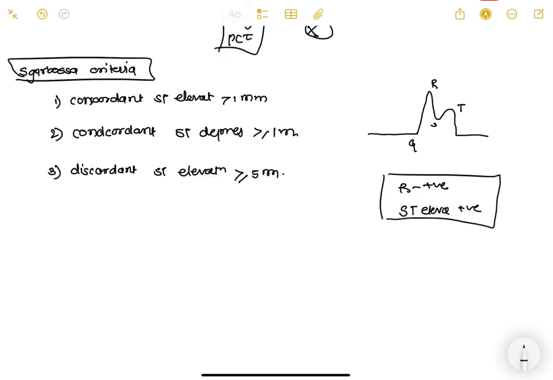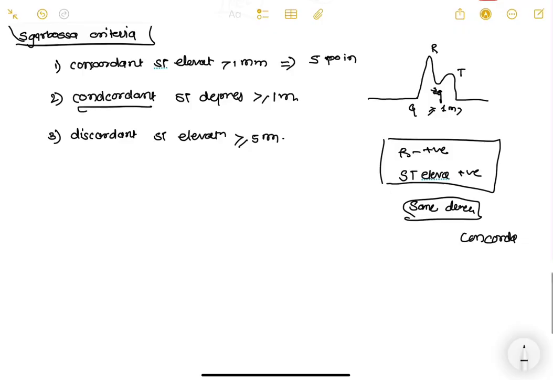So this is in the same direction. So this is concordant. Whenever there is a concordant ST elevation of more than or equal to 1 mm, then we will give 5 points.